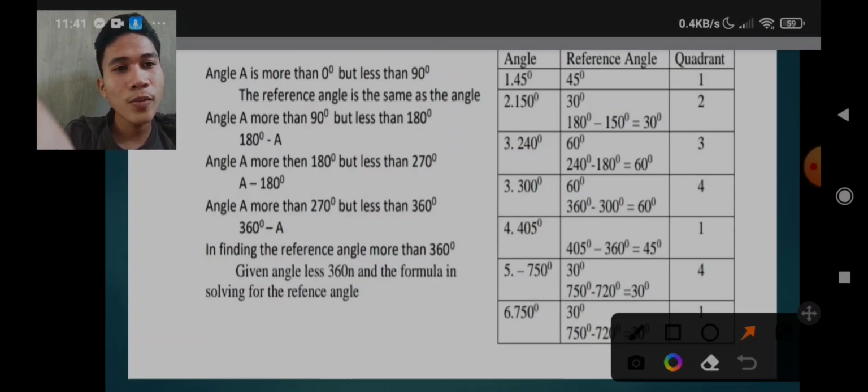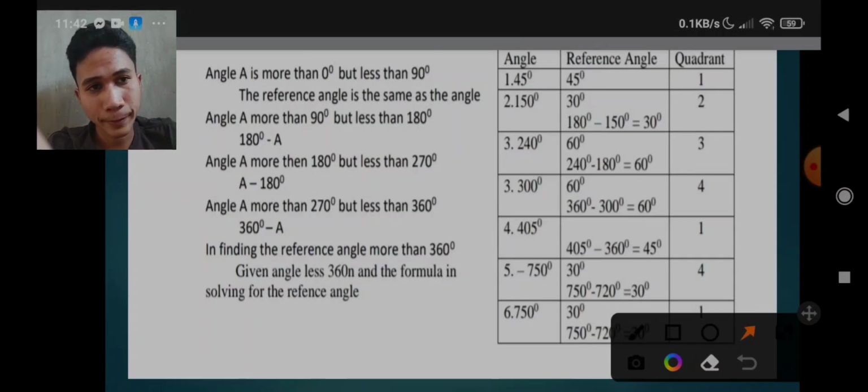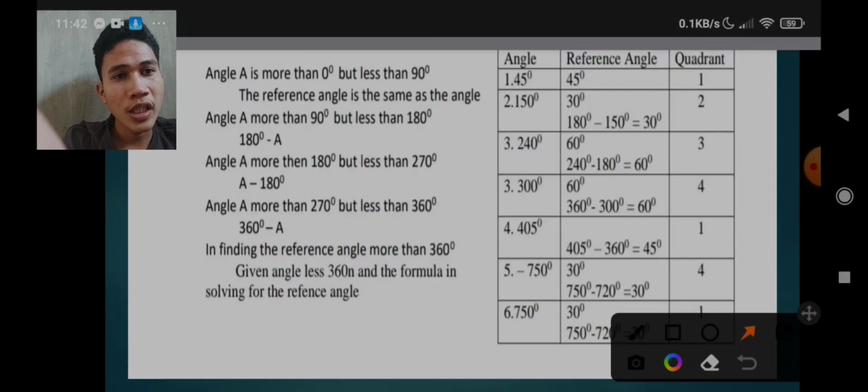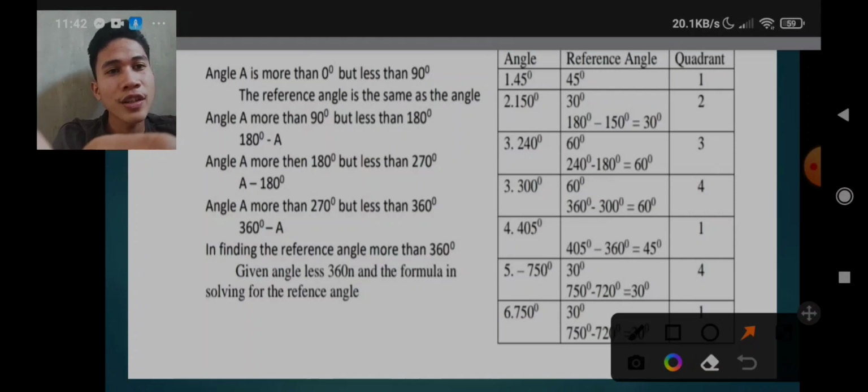So when we subtract, get the absolute value of negative 750 degrees, and after that we subtract 720. So 750 minus 720, so the answer is 30 degrees. So negative 750 degrees is in the clockwise direction. So this is in quadrant 4.